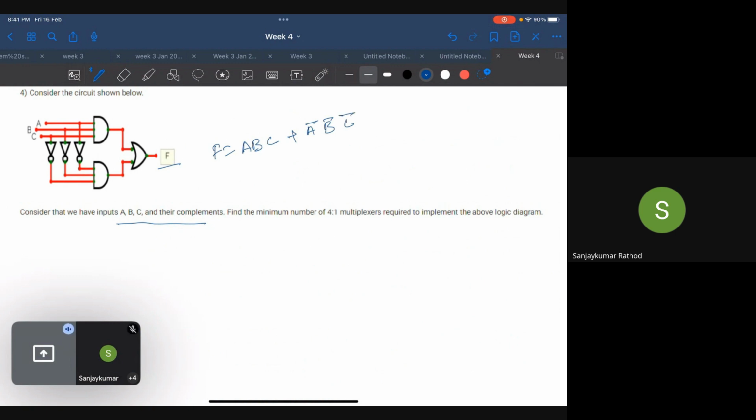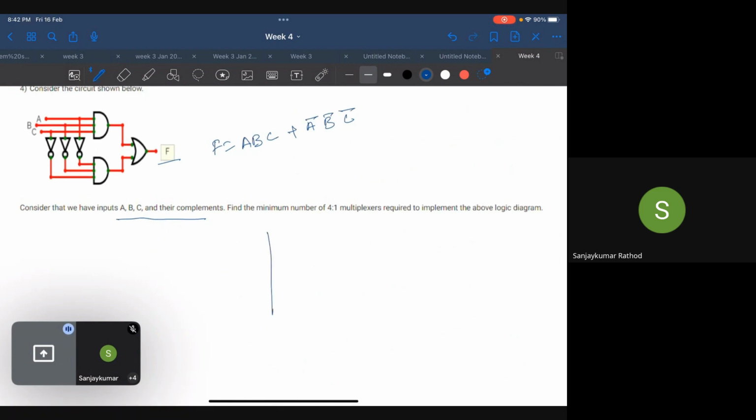Okay. Now can we implement this using a 4:1 multiplexer? Is this exclusive NOR, sir? No, this is not exclusive NOR. Okay, suppose you want to design. So this is the 4:1 multiplexer.